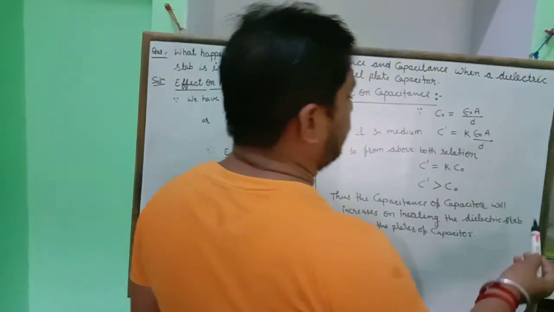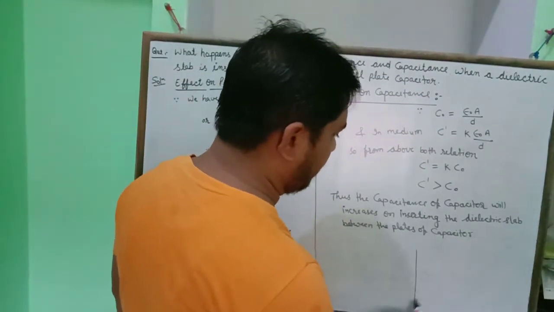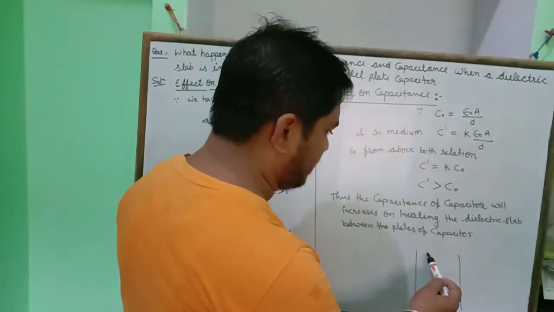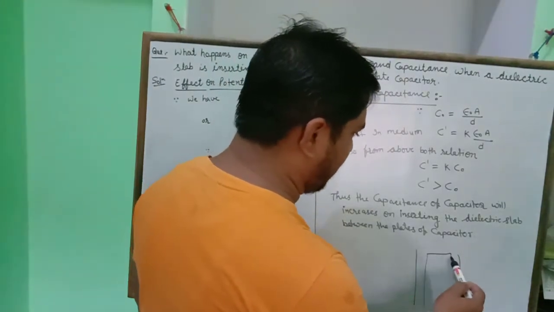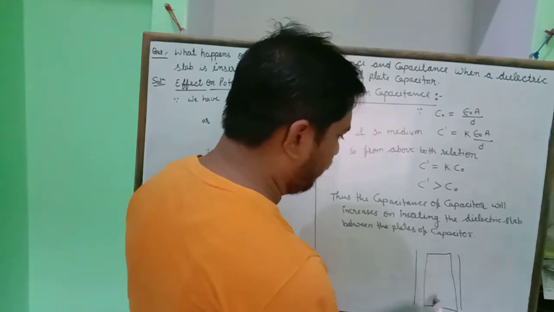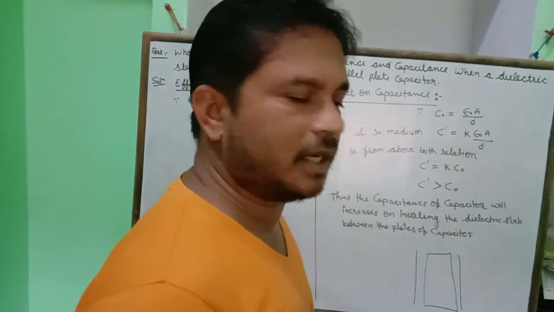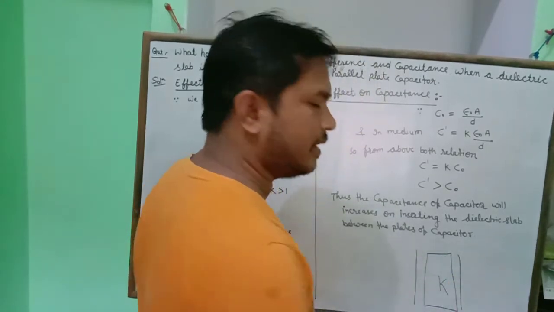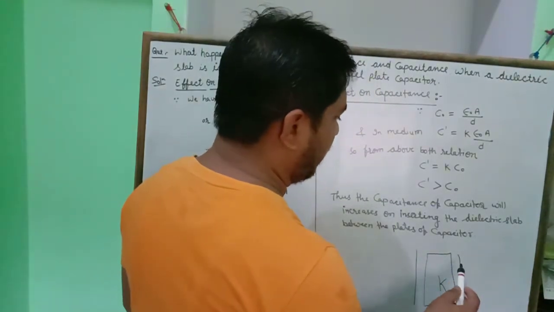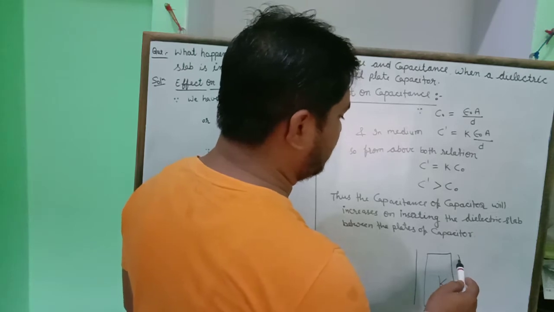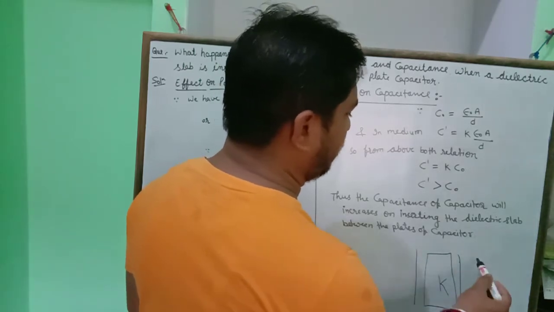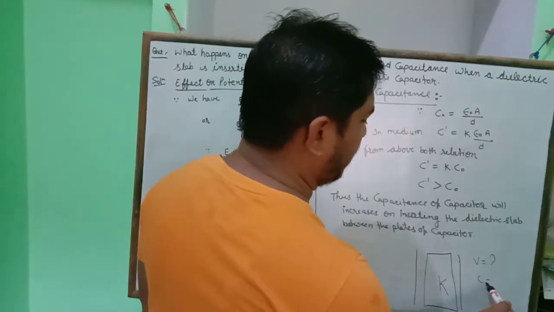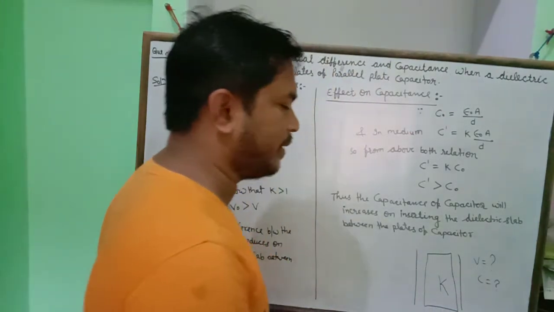If we consider a parallel plate capacitor and insert a dielectric slab of dielectric constant K between the plates, then what happens to the potential difference between the plates and to the capacitance of the capacitor?